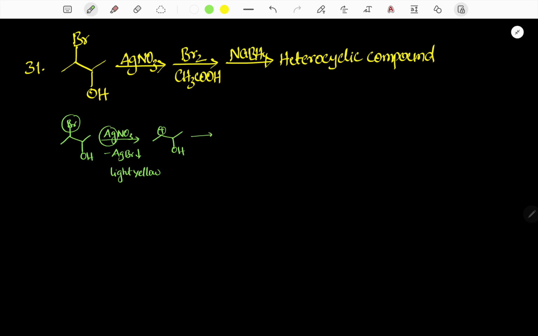Now, of course, here migration is possible because octet is possible after resonance. Corresponding oxonium ion will form. If oxygen contains the positive charge, it is called oxonium ion.